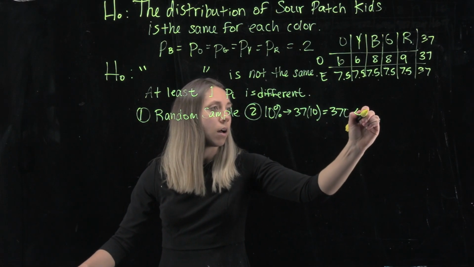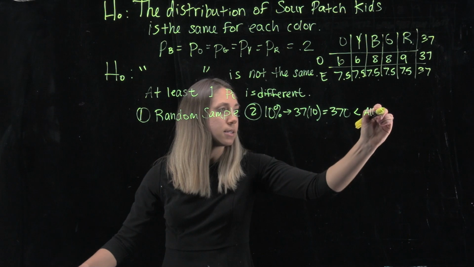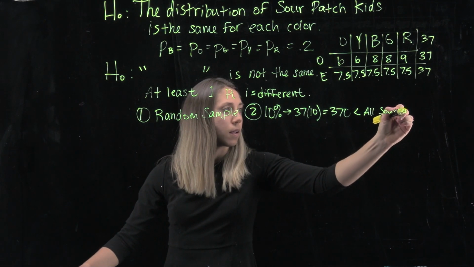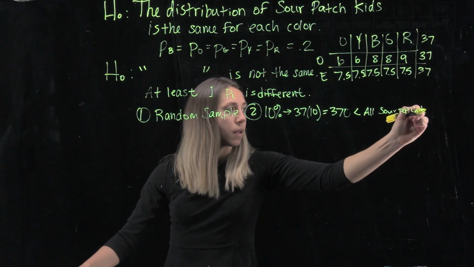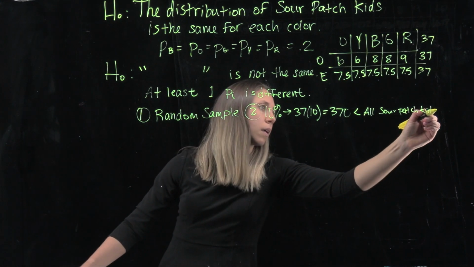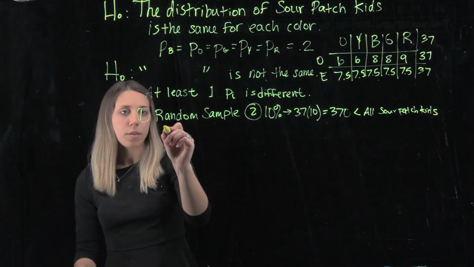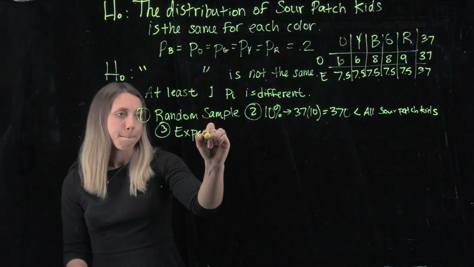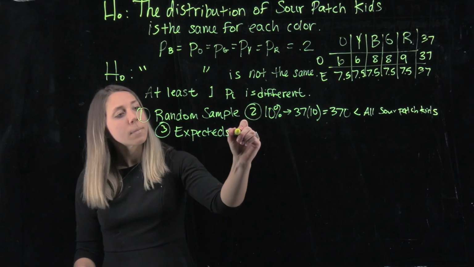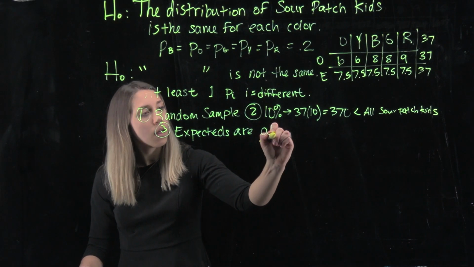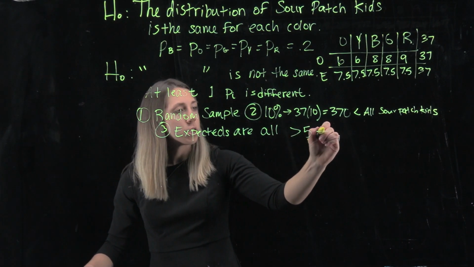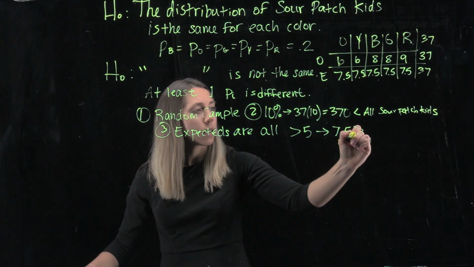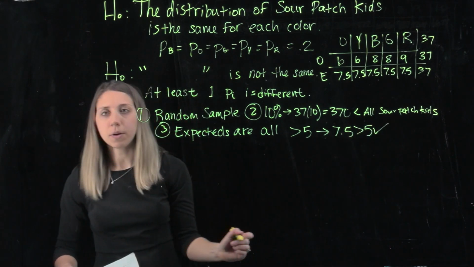That's less than all Sour Patch Kids. And then your third condition, that your expecteds are all greater than 5, which 7.5 is bigger than 5. So that works out.